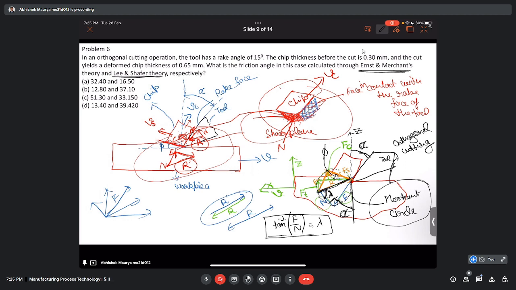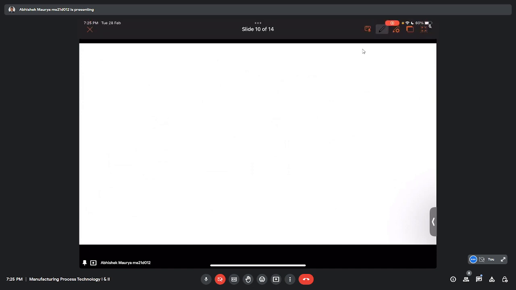So now let's start looking at the problem. With this background, I think we can go towards the solution of this problem. We have been given a rake angle alpha, that is 15 degrees, and T1 is the uncut chip thickness, that is 0.3 mm.